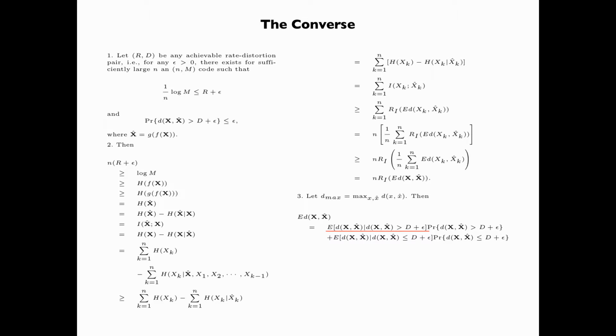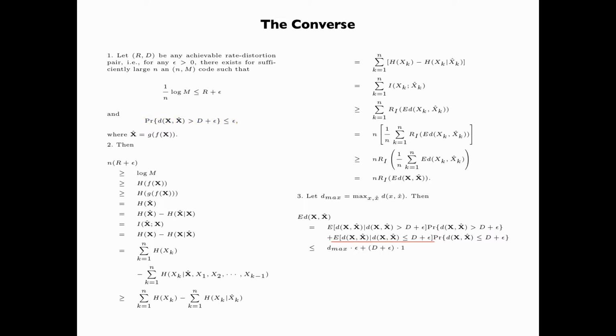Now the expectation of d(x, x hat) given that d(x, x hat) is greater than D plus epsilon is at most equal to d_max by definition of d_max. And the probability that d(x, x hat) is greater than D plus epsilon, by our assumption of the code, is less than or equal to epsilon.